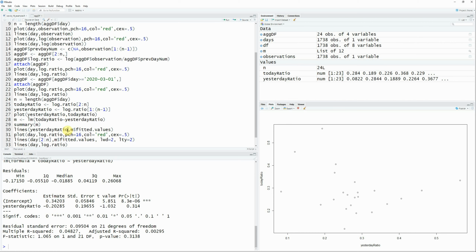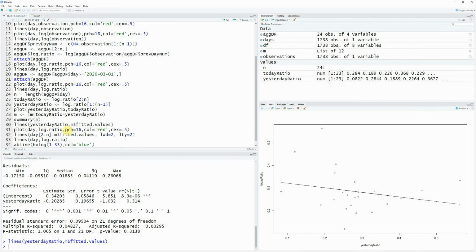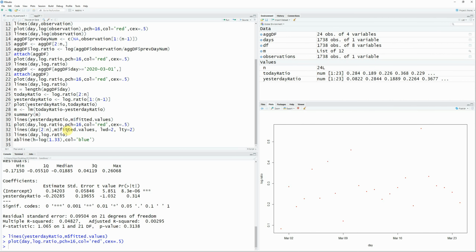So I can have some lines, but going back to the original plot, which is basically this, I want to see what's the prediction of my model for this plot.